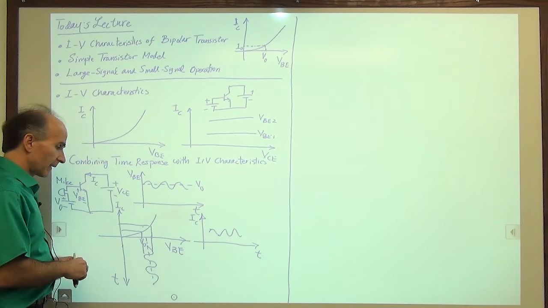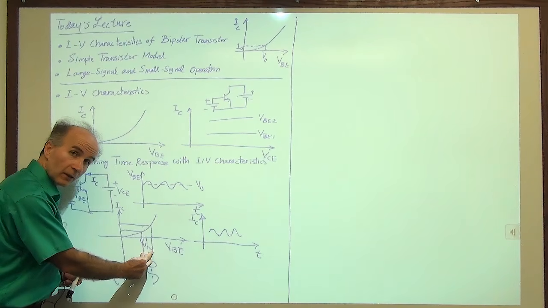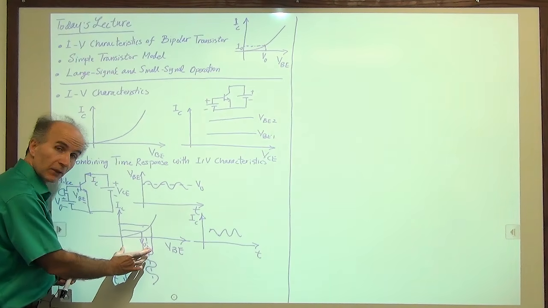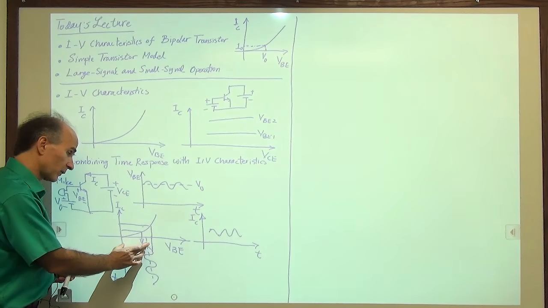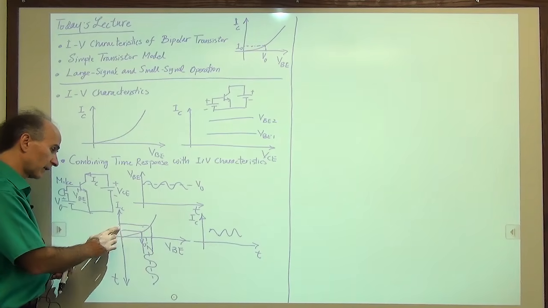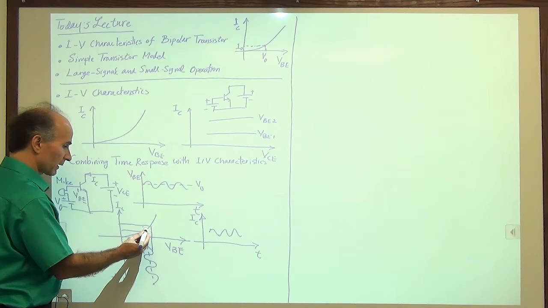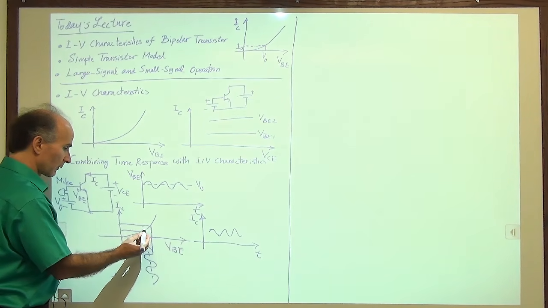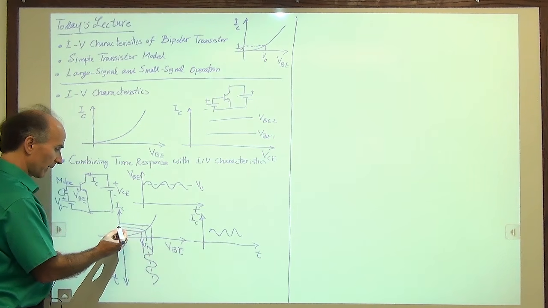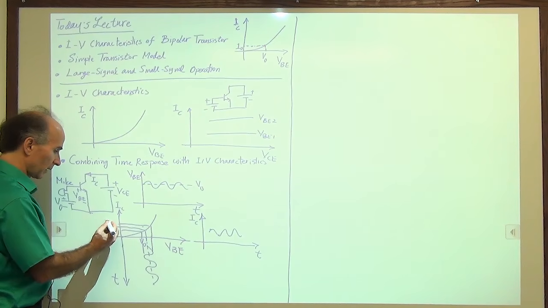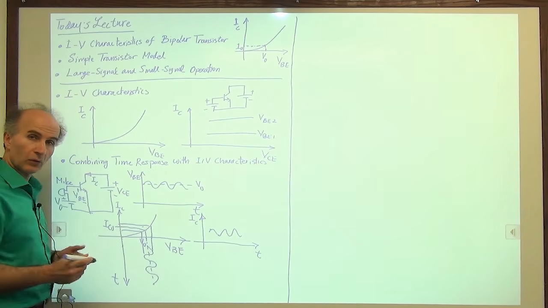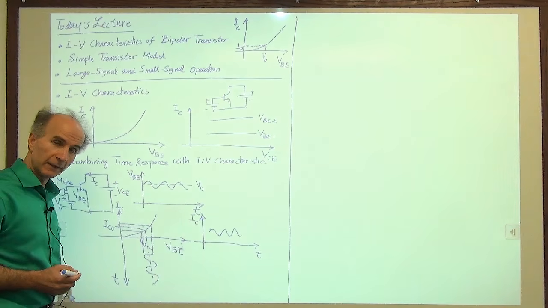We know that in the absence of a microphone signal, base emitter is only V0. So if that's only V0, then the collector current is some amount, right? It's the bias value. So we will call that bias value IC0 or anything you want. Not a big deal.